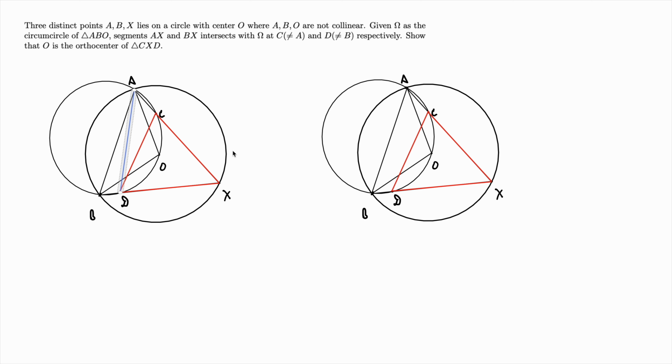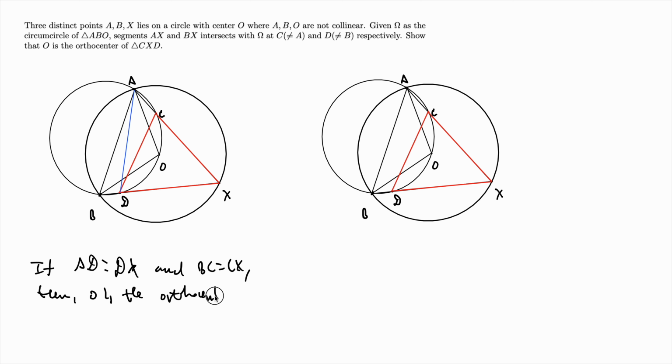The reason for drawing this is that if AD equals DX and BC equals CX, then O is the orthocenter of triangle CXD.